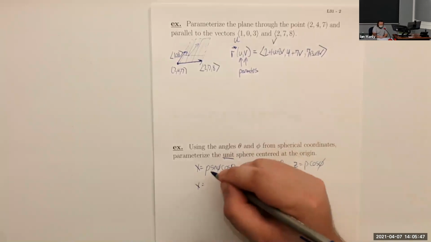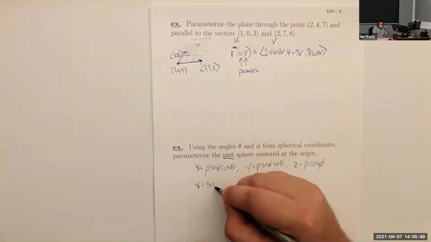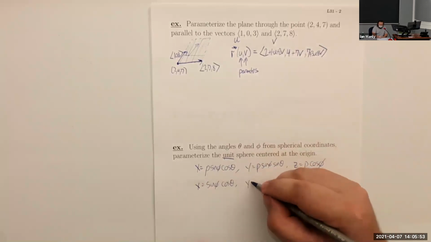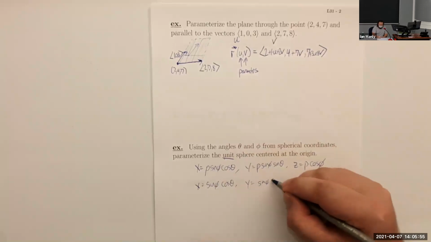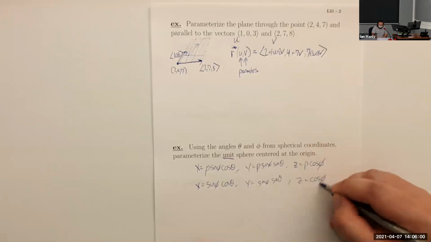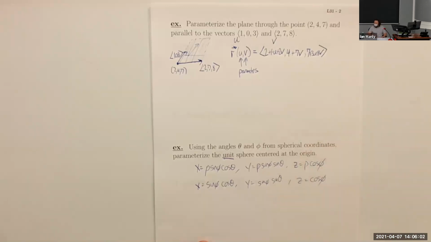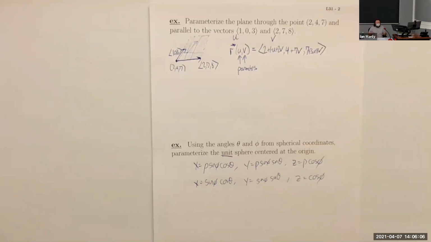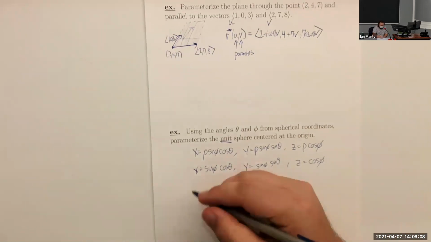So this means that all of our rho will be 1. So we have sine of phi times cosine of theta, sine of phi times sine of theta, and then z is cosine of phi here. And lo and behold, we've managed to express x, y, and z in terms of theta and phi. So there is our parameterization for our surface.